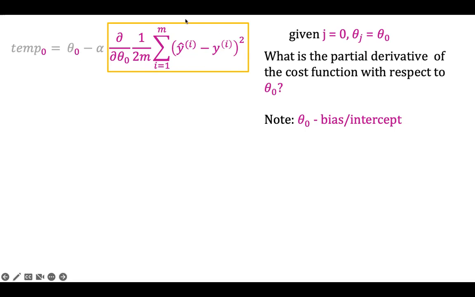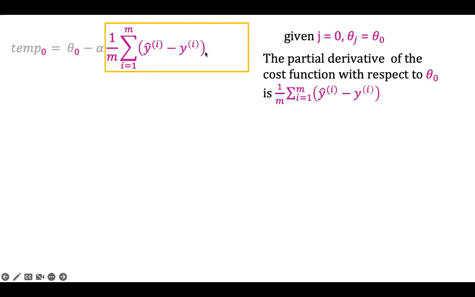What will be its partial derivative with respect to theta 0? The partial derivative of the cost function is simply 1 over m times the sum of the errors.